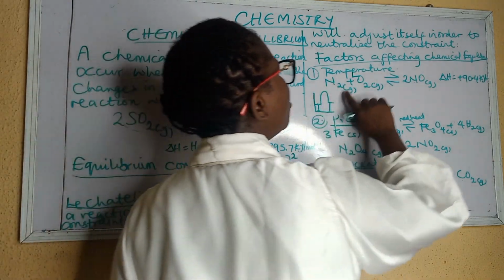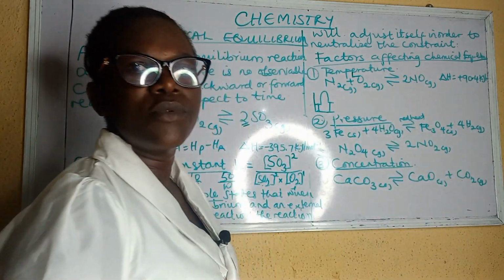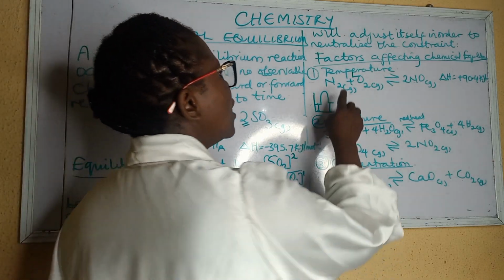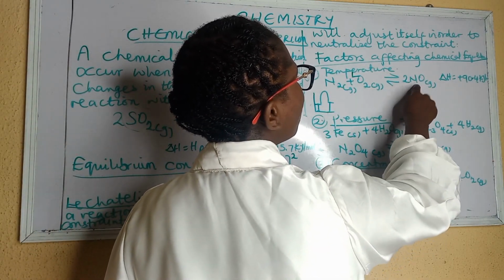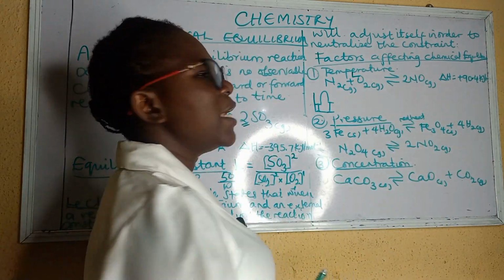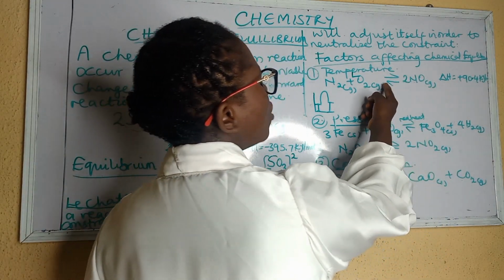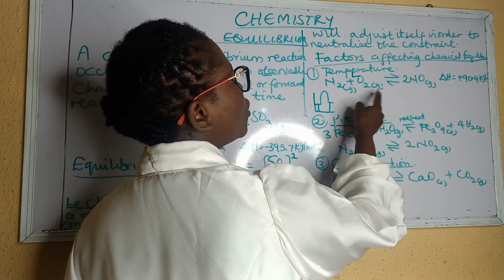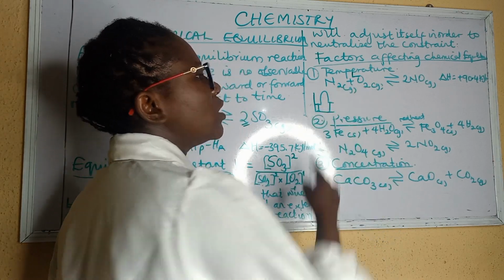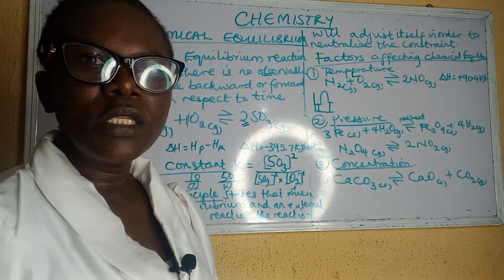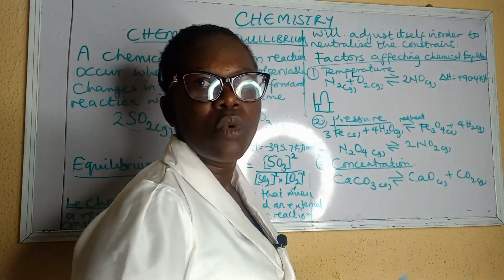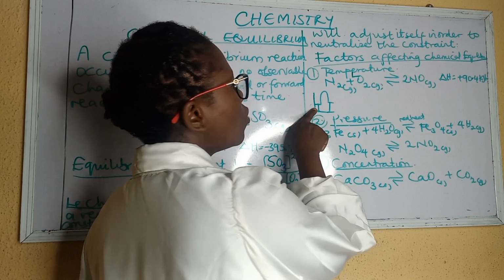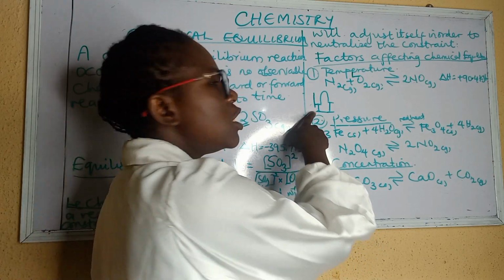For the forward reaction, you can see that this is a reversible reaction sign. That is, nitrogen reacts with oxygen to give you 2 moles of nitrogen(II) oxide. And then nitrogen(II) oxide, this is a backward reaction, also dissociates to yield nitrogen and oxygen back. So for the forward reaction to lead to nitrogen(II) oxide, low temperature is required.